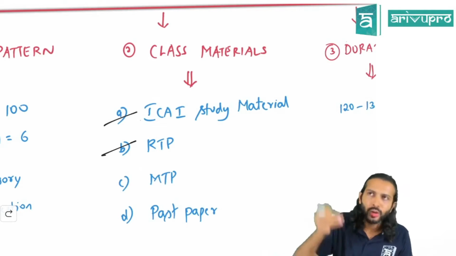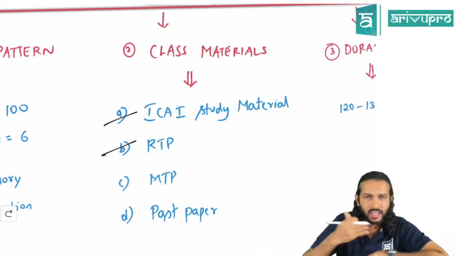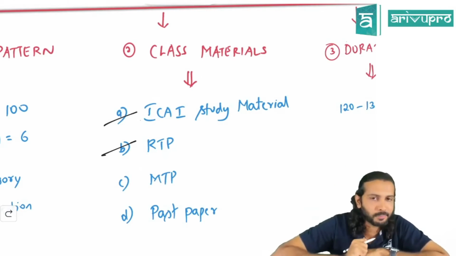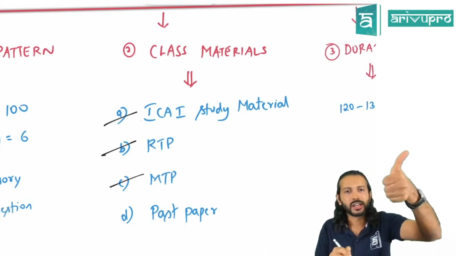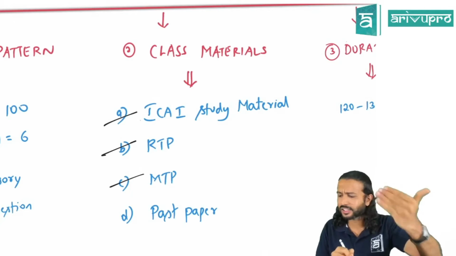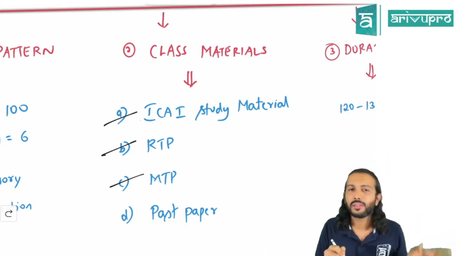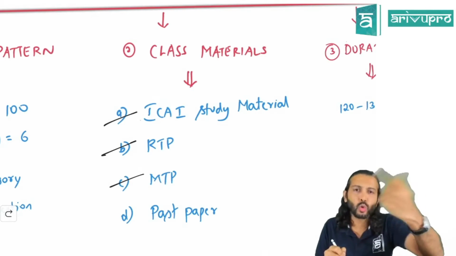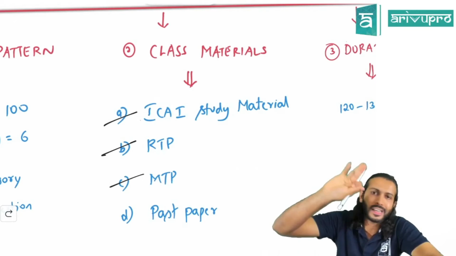For every attempt, ICAI hosts something known as RTP and MTP on their website: revision test papers and mock test papers. Those are your practice questions. These also we have incorporated into our class material, so some new and different types of questions found in these have also been included.